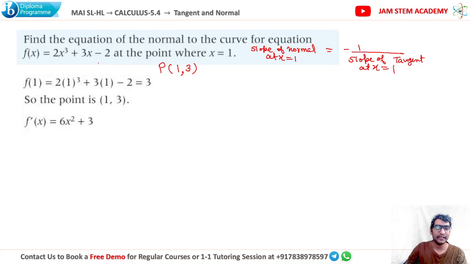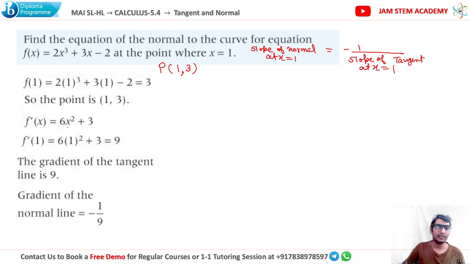Okay, now let's find the slope of tangent line when x equals to 1. So put x equals to 1 here. What do you get? 6 plus 3 gives me 9. So now we need the slope of normal line. So what will be that? Negative reciprocal of that. It means the slope of normal line is negative 1 over 9. Okay, now let's find the equation of the normal line.